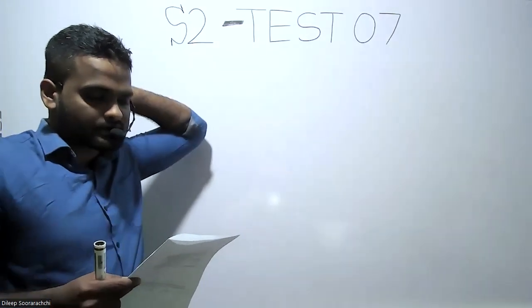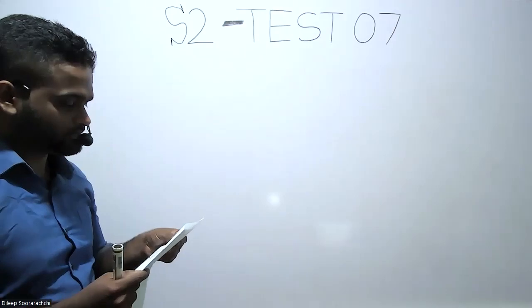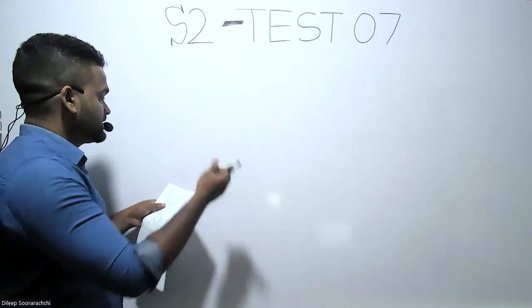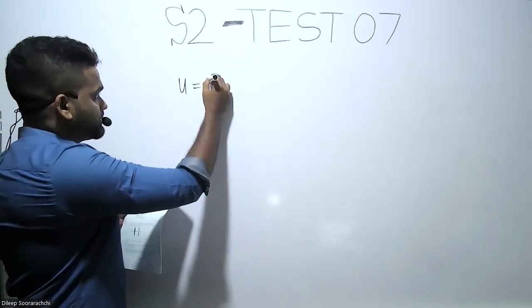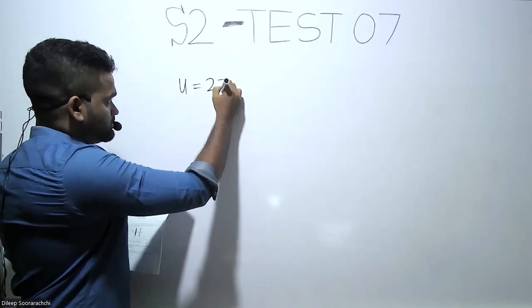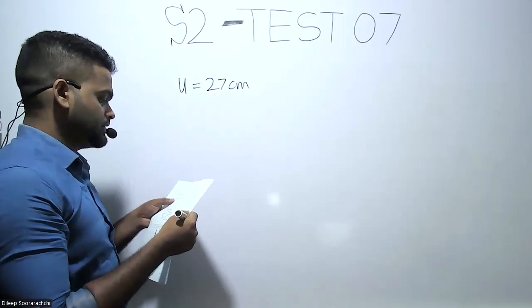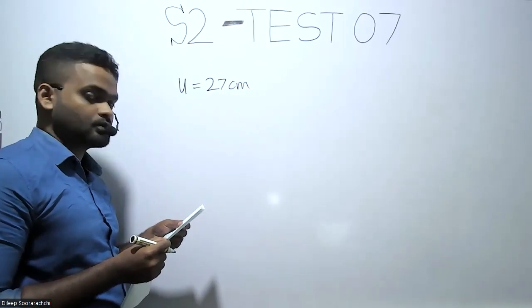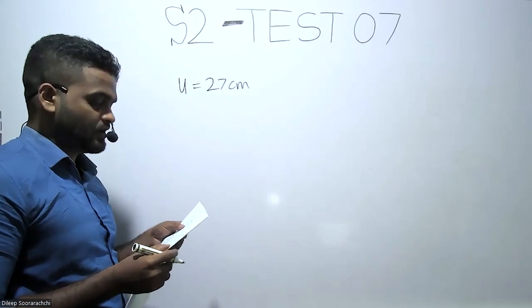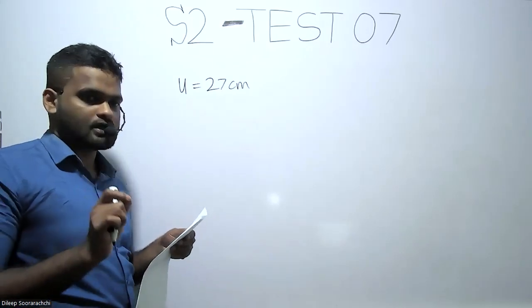So we'll just take down what we know. We know the object distance is 27 centimeters, and it is a positive value. And they say the linear magnification of the virtual image is 1/4.